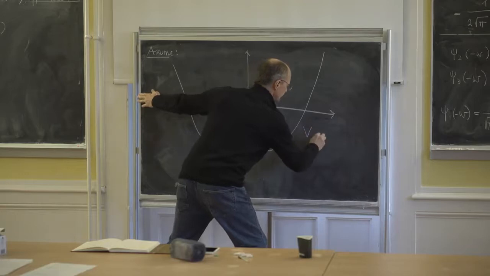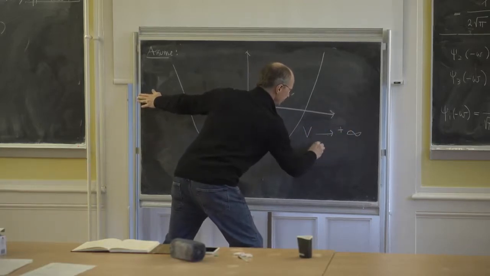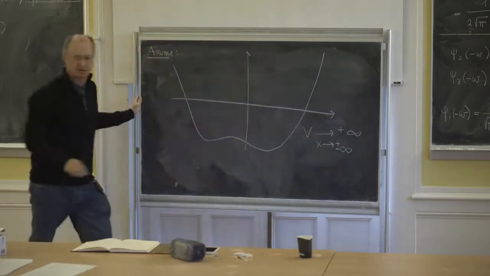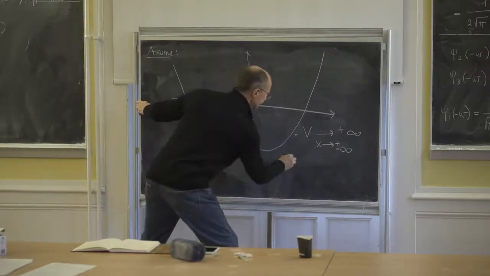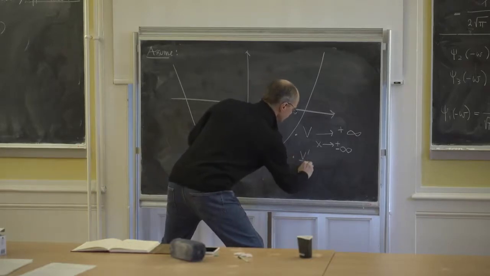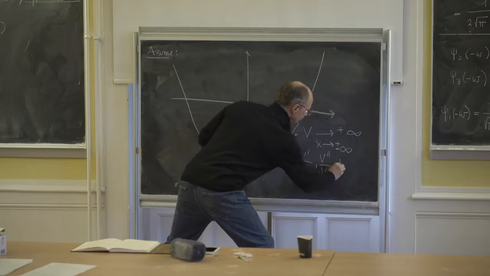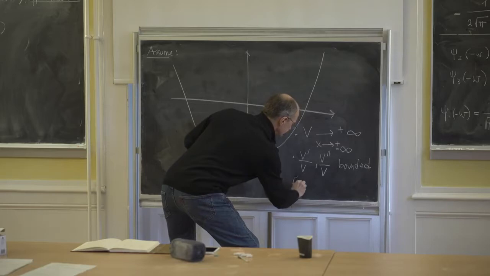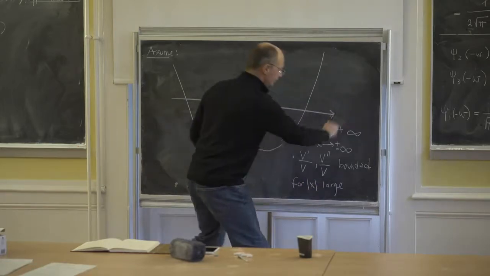So V goes to plus infinity when x goes to plus or minus infinity. So we assume that V prime over V and V double prime over V are bounded for x large.